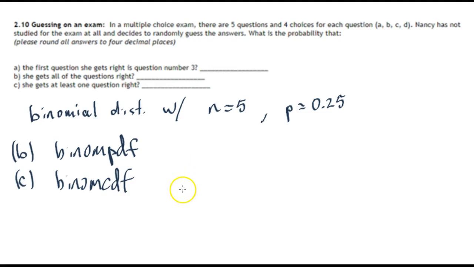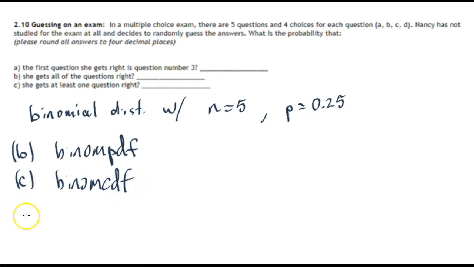And remember, CDF involves less than or equal to. At least is greater than or equal to. So you're going to have to fiddle with the problem a little bit to get it to less than or equal to. The video on using the binomial distribution with a TI graphing calculator explains how to do this. So you may want to review that, but you will be using binomial CDF in some way. I'll just let you know that.